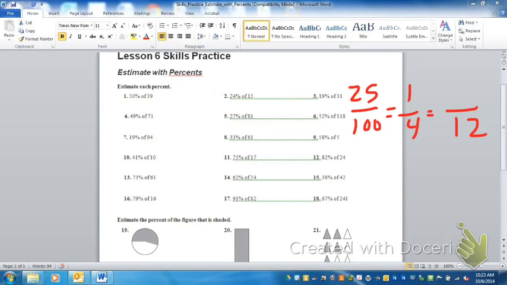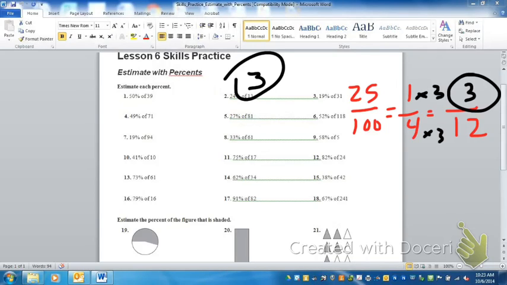We want to make it something that we can easily turn back from a 4 to a 12. So 1/4 equals something over 12. 4 times 3 is 12, and 1 times 3 is 3. So 24% of 13 is about 3, or 1/4 of 12 is 3. Again, we're estimating. We're not looking for the exact amount, just an estimation.